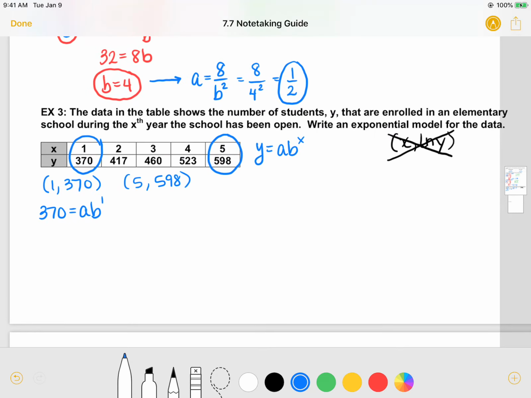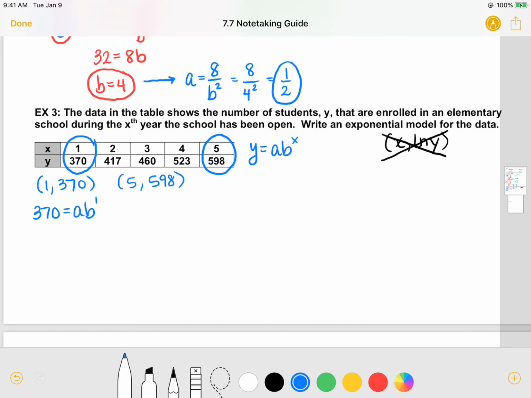And then we want to solve for a. So divide both sides by b, and you're going to get 370 over b is equal to a. Okay? Now we grab the second point and we do the same thing. 598 equals ab to the fifth power. Take the value of a and plug it in for a.